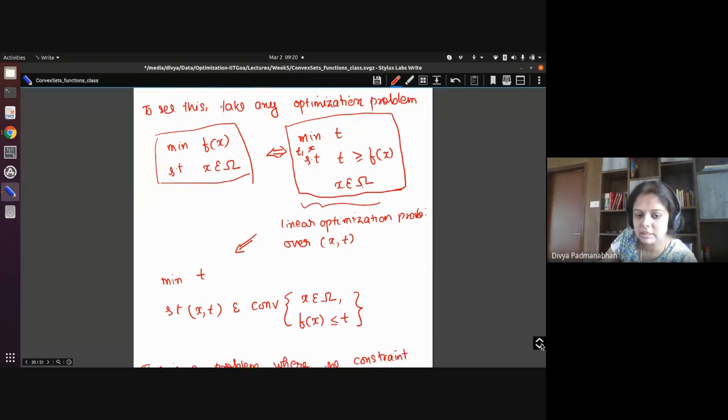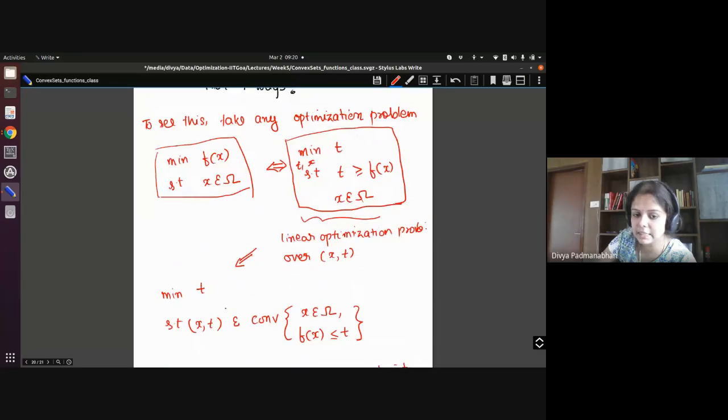So now this is equivalent to saying minimize t over this convex hull. This is linear, and the convex hull is a convex set. And a linear function is also convex.